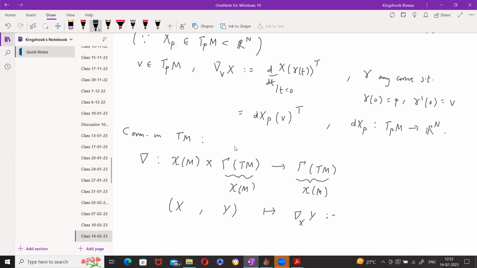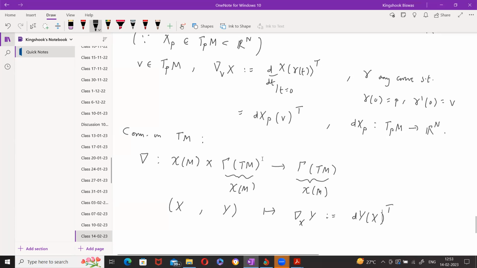This is defined to be what? You take the derivative of Y, let it act on the vector field X, that gives you a vector in R capital N, and then take the tangential component. That's it. This is your connection. Is it clear? Yes, this is clear.